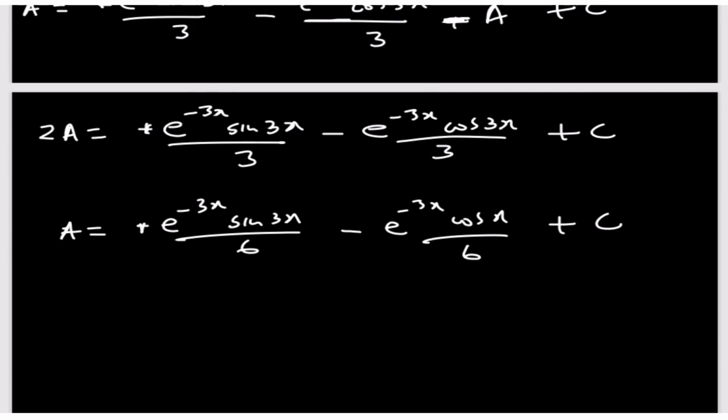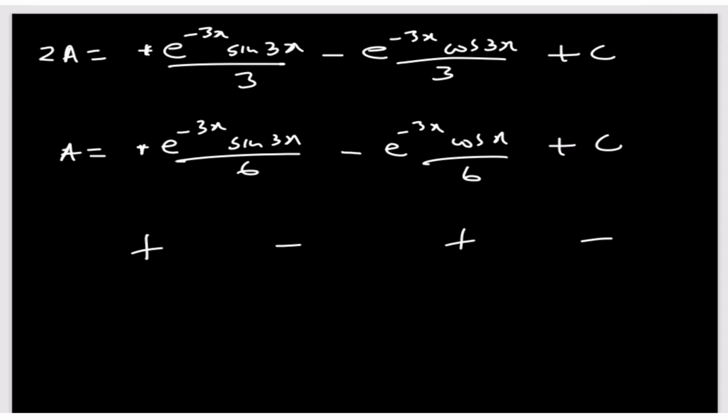If you had 4 terms, you'll have positive, minus, positive, minus. And your trick, if it started with sine, it will be sine, cos, sine, cos. If it started with cos, it will be cos, sine, cos, sine. You see, the signs change from positive, minus, or vice versa, and also this change between sine and cos. So yeah, that's how you should always check your answer and check if you didn't make mistakes.